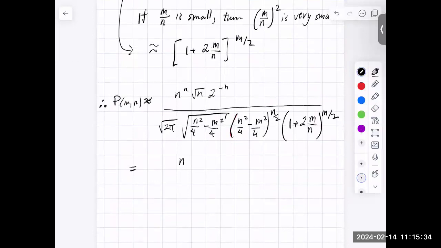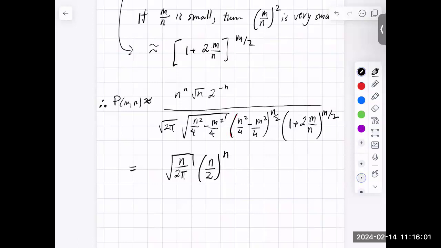What do we have? We have n over 2 pi, square root. I'm going to combine the n and the 2 pi in the square roots there. Then we have n over 2 to the power n. So I can combine these two things, put the 2 in the denominator, and then they're both to the power n.